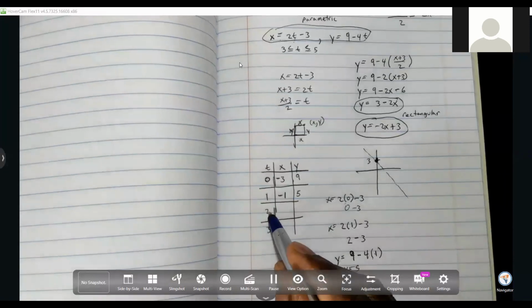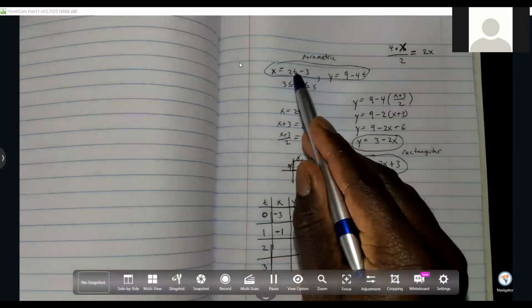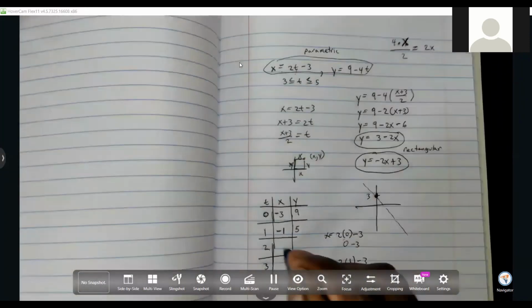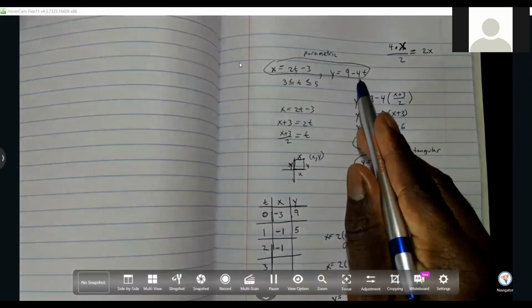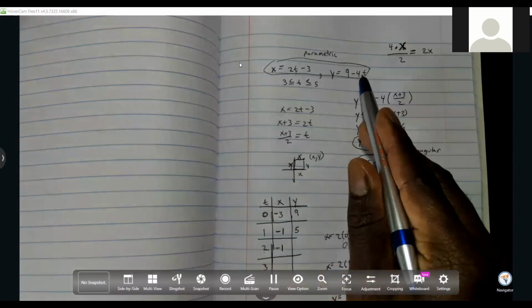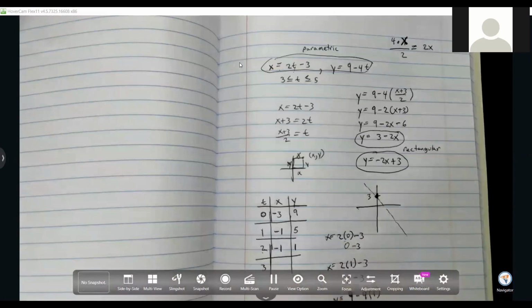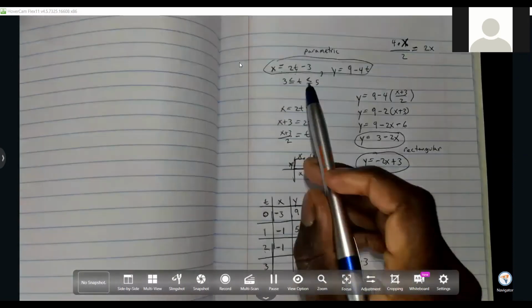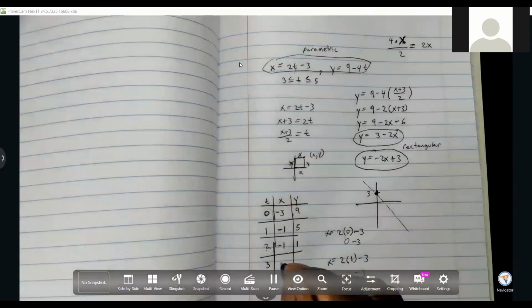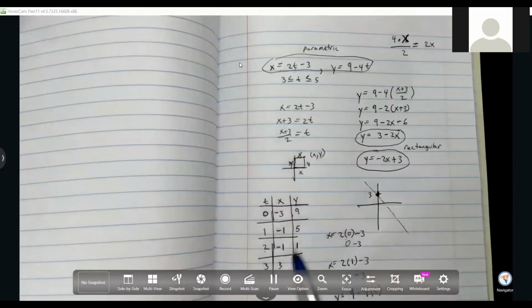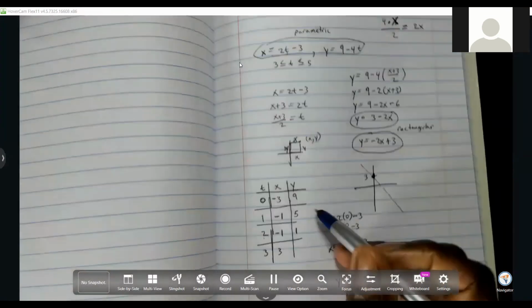If we plug in this 2 for t in this equation, we'd end up with 4 minus 3, which is -1. If we plug in this 2 right here, we'd end up with 8 here, and 9 minus 8 is 1. If we plug in the 3 here, that'll be 6, and 6 minus 3 is 3. And if we plug in the 3 here, that'll be 12, and then 9 minus 12 is -3.